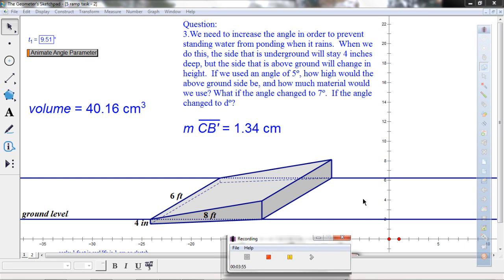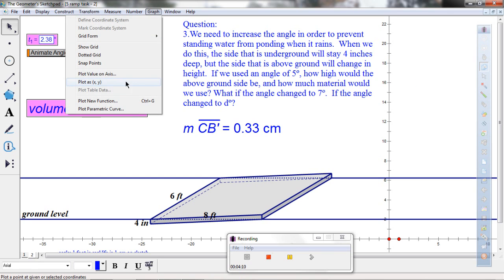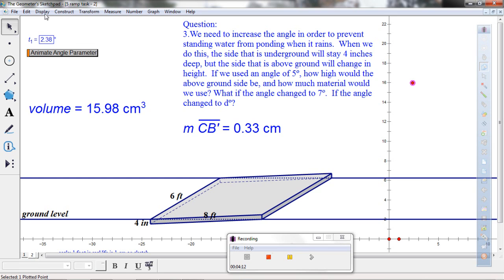One of the things that we might try to do is we might try to graph the relationship between the angle and either the side or the volume, but for now I'm going to do the volume. So we could plot as XY. And I'm going to go ahead and trace the plotted point.